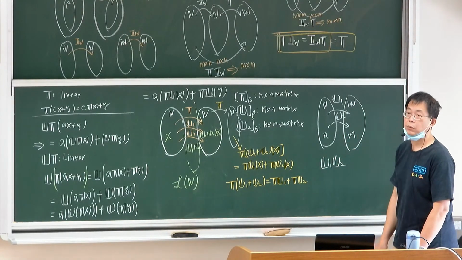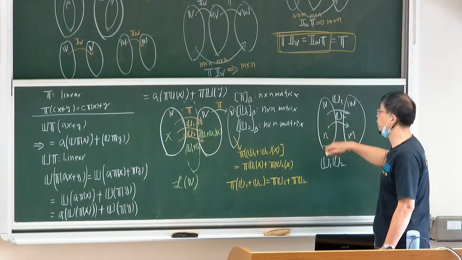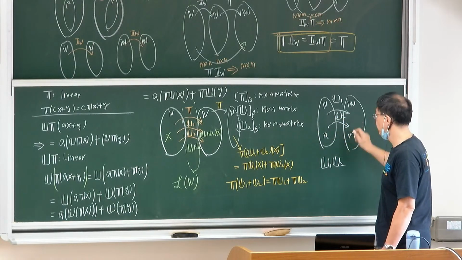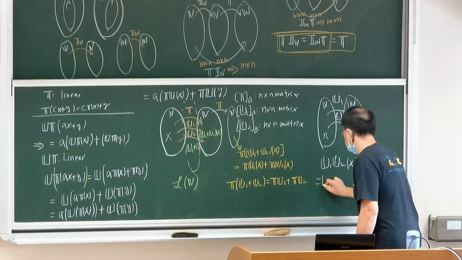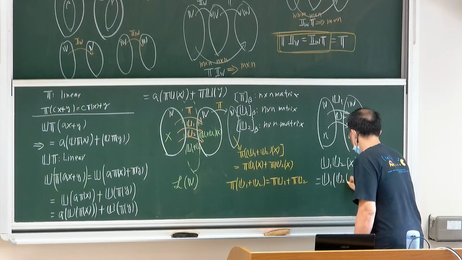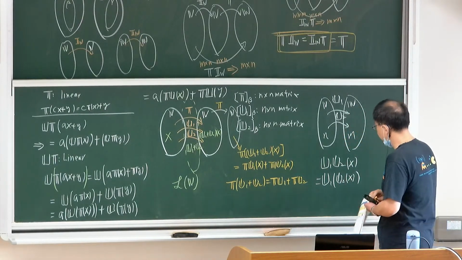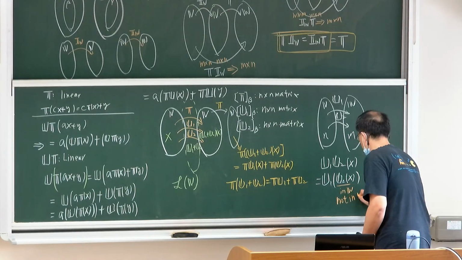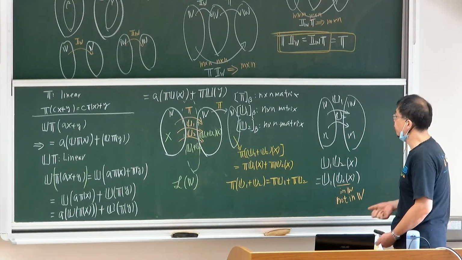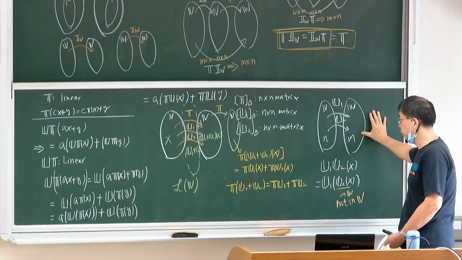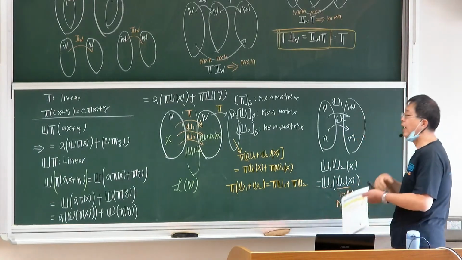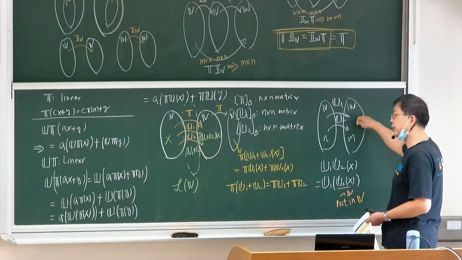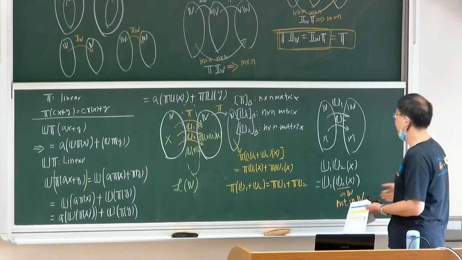The answer is no. Because U1 only converts vectors from V to W, and U2 only converts vectors from V to W. So if I do it this way, I have U1 U2 x. This U2 x is in W, not in V. But U1 only transforms vectors from V to W. So U1 will not have any effective operation on vectors in W. So we cannot do it.